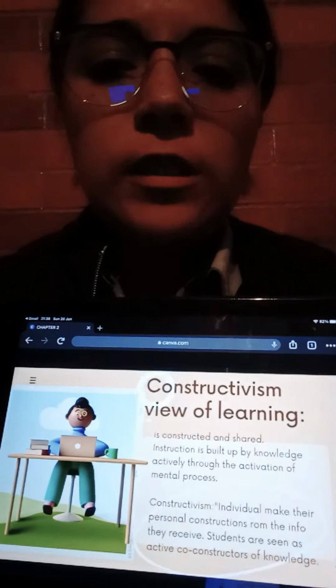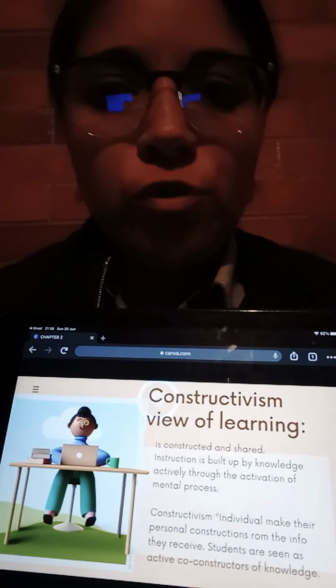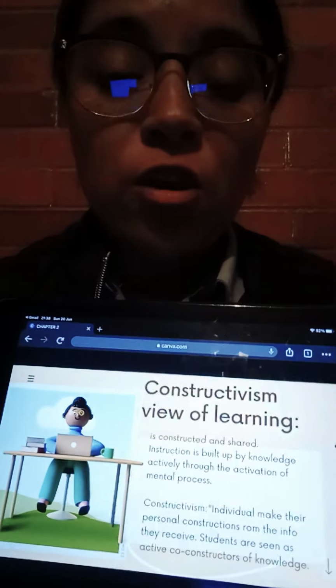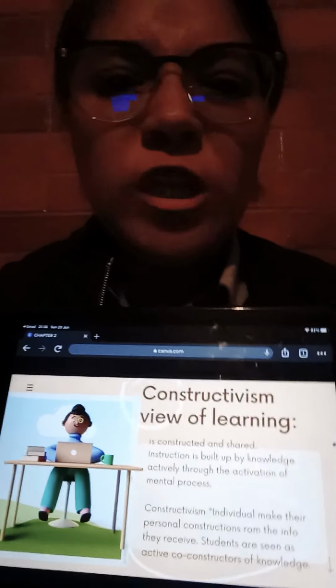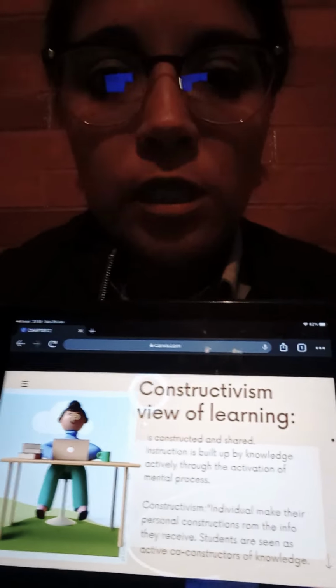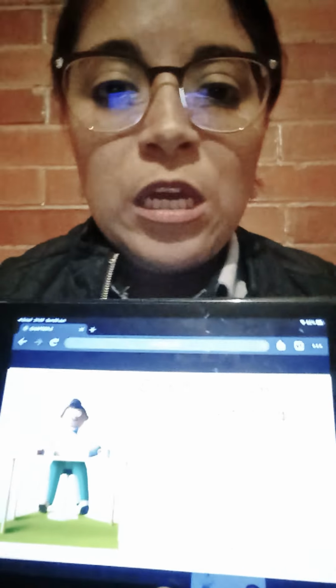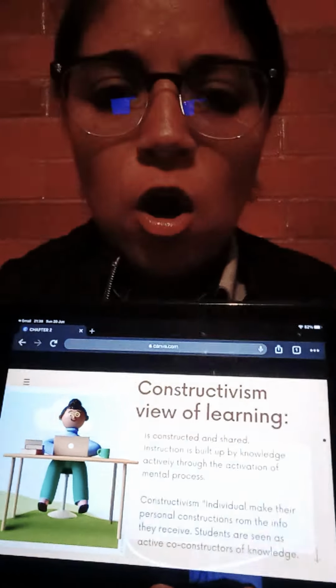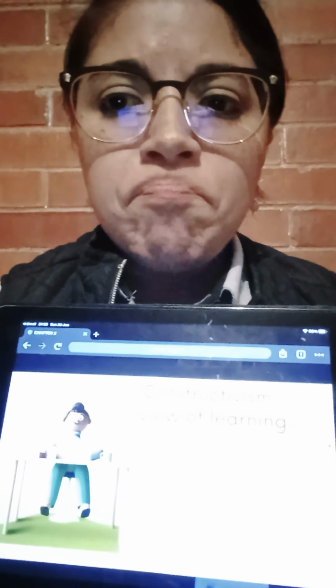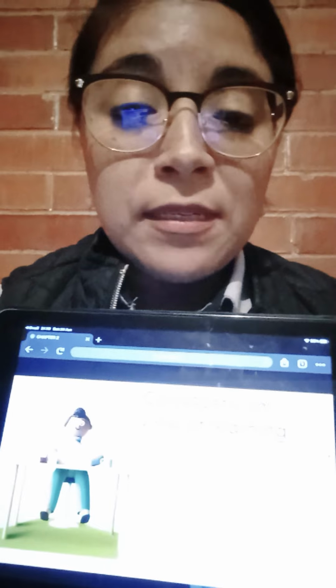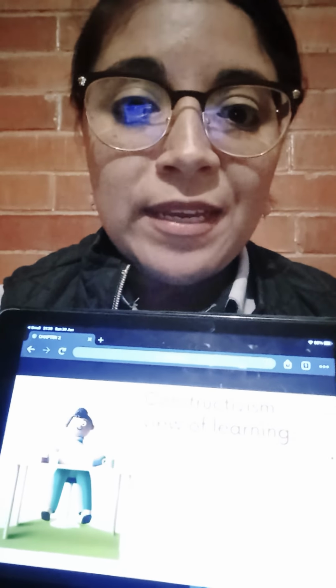Students are seen as active constructors of knowledge. They are not just taking the information, but they also construct with the information to make it better, to understand it, to reflect on it, and construct a better learning and better strategies with it.